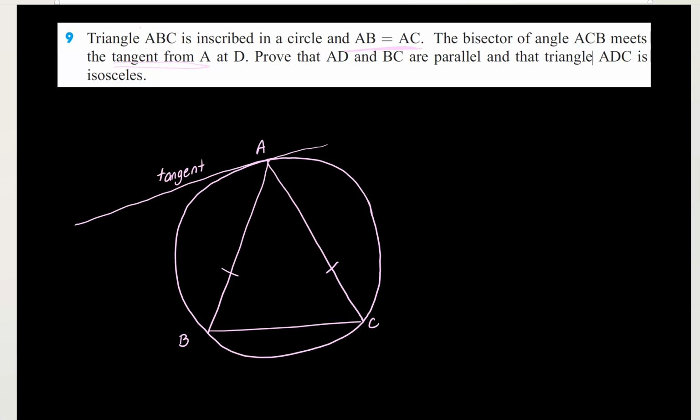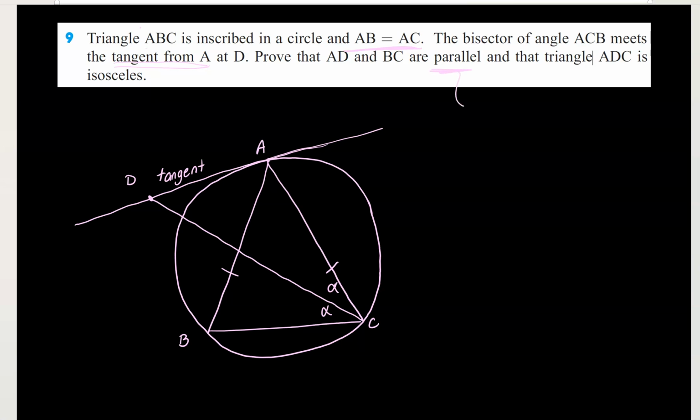The bisector of ACB, so we've got a line bisecting, goes through and meets there at D. Because it bisects, if that's alpha, this is alpha. Prove that AD and BC are parallel.